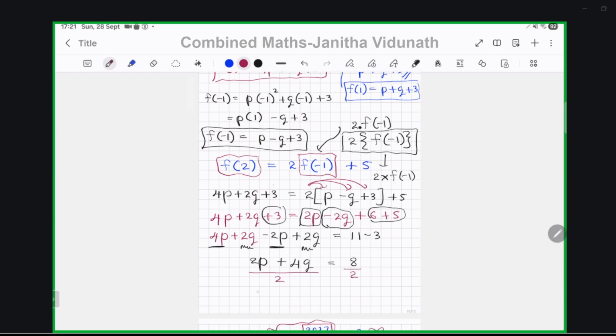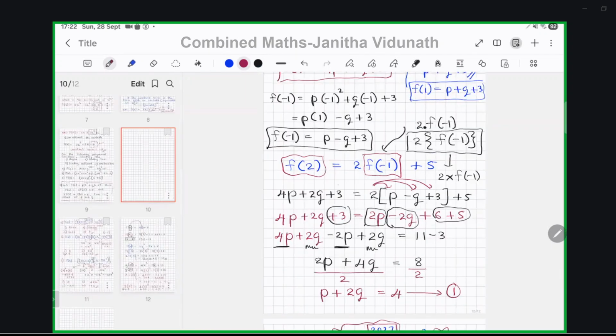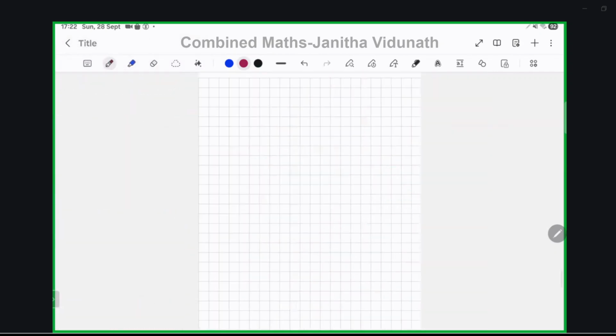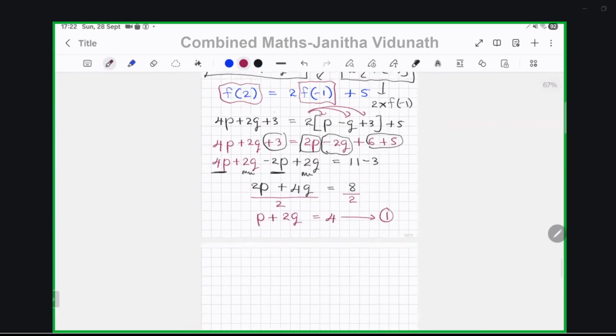Then on the left hand side p + 2q remains, and on the right hand side 4 remains. This is the first equation we get to find the values of p and q.